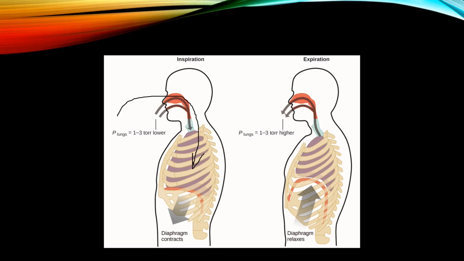At that point, our diaphragm relaxes, our chest capacity automatically lowers, and that makes the pressure inside of our chest higher than the outside pressure. And so air then leaves the body.